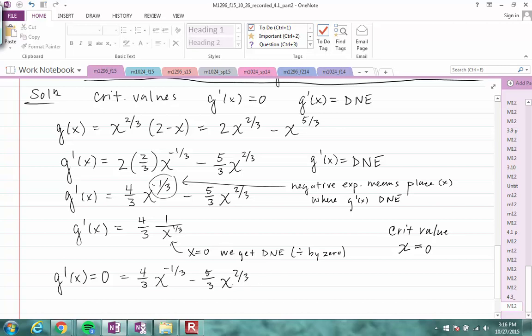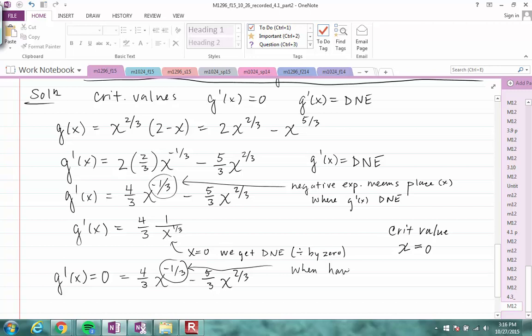You might try a couple different things here on how to solve this. Because we have two terms with x that have fractional powers, this is a little tricky. So kind of the best way I can explain this is to do the following. This will work every time.